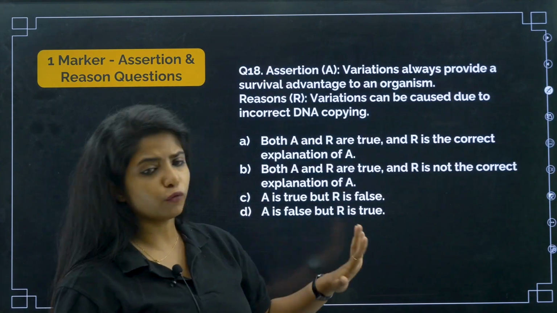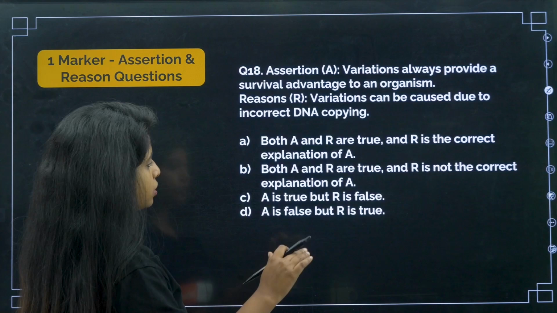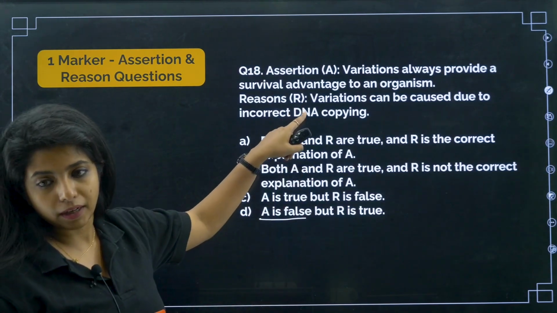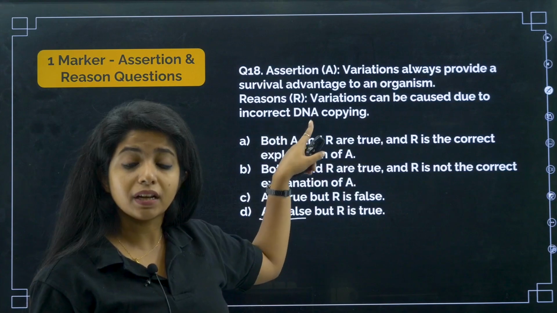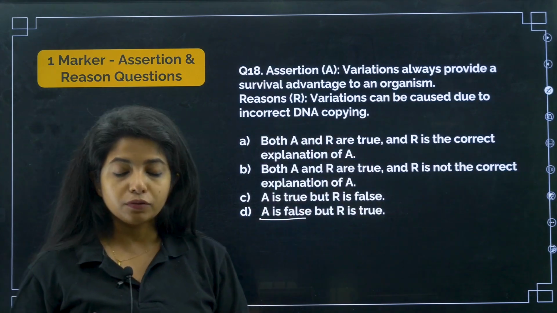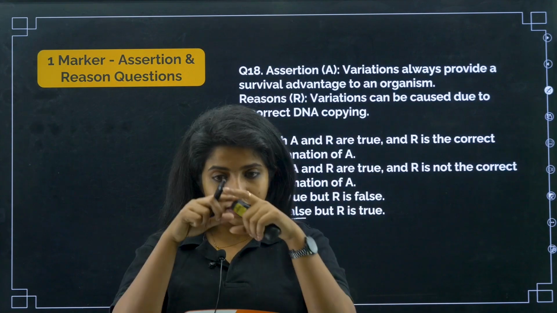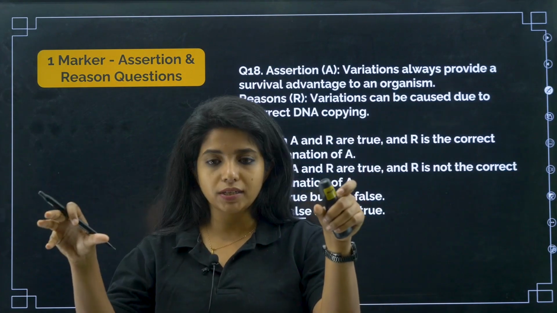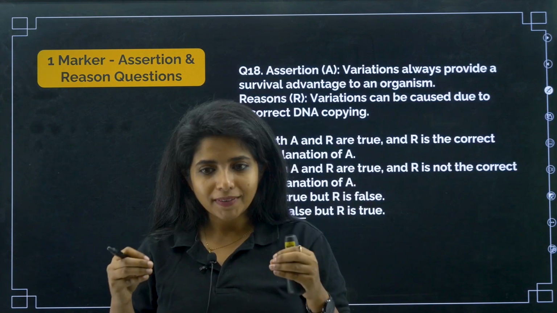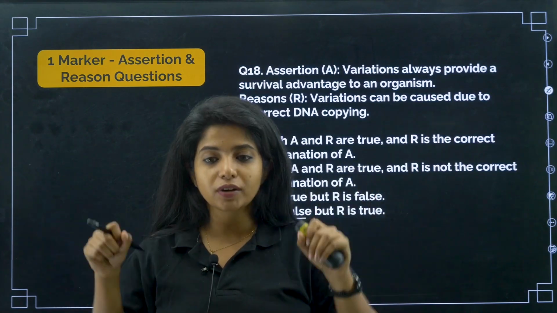So, I will say the assertion is false. There is only one option which says the assertion is false, so it has to be D. But let us see the other part. Reason: variation can be caused due to incorrect DNA copying. Yes, it can. For example, one cell has to divide into two cells. The genetic material in this cell has to be copied, and only then can it pass the copy to the next cells.